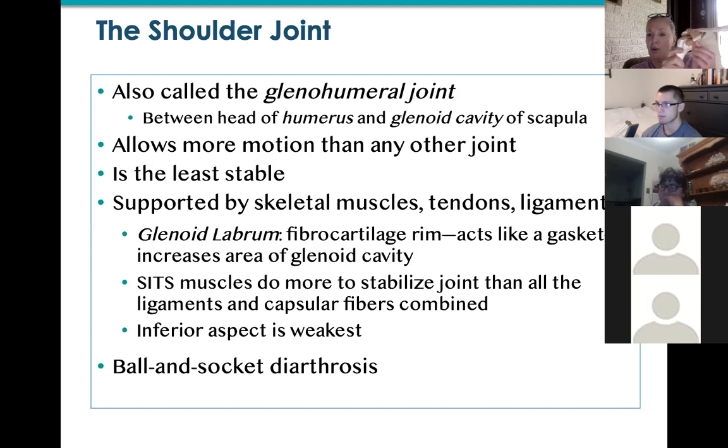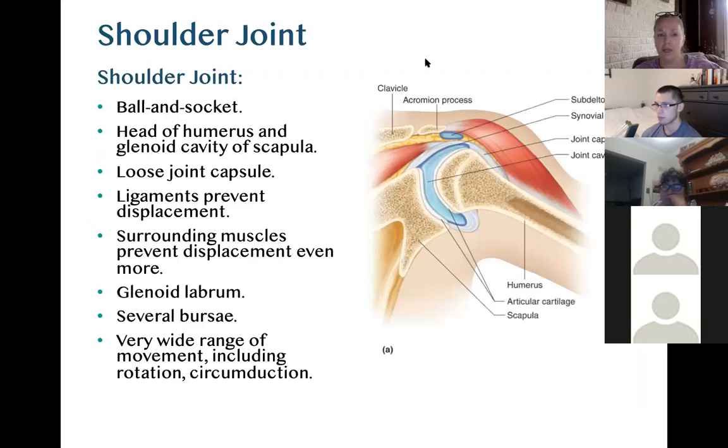Inserting on that labrum that helps hold this in will be the tendons of all these muscles that you see that are cut off here that overlie it. And these are called the SITS muscles, and we'll learn those when we get in there. It's all the tendons of these muscles that help hold that humerus in there, and they're called the SITS muscles. We'll pay attention to those when we get into the muscle section, but I want to make you aware of it right now as we're studying this. And they stabilize the joint, okay?